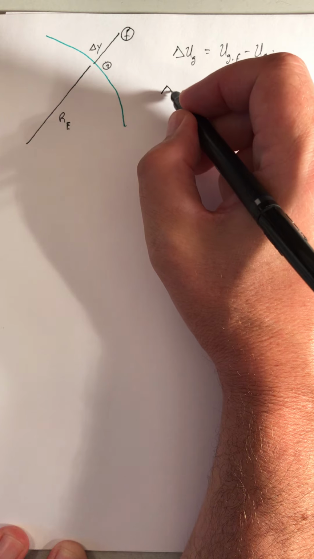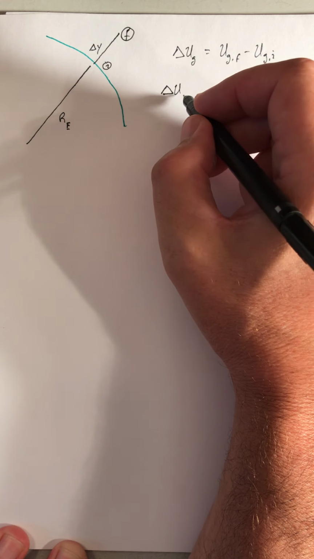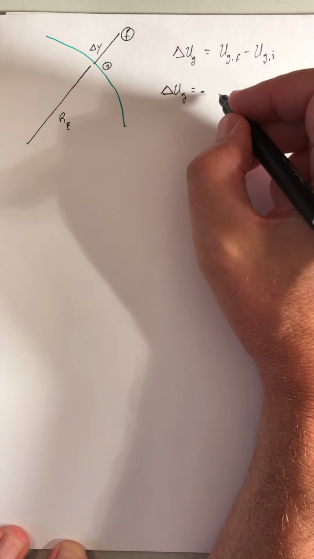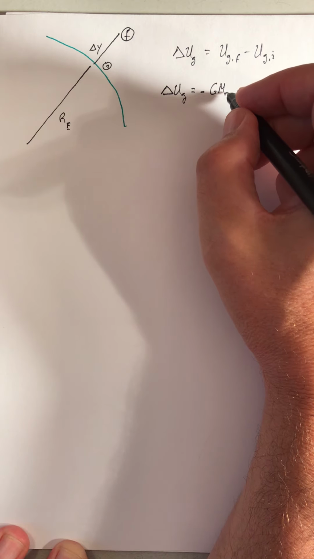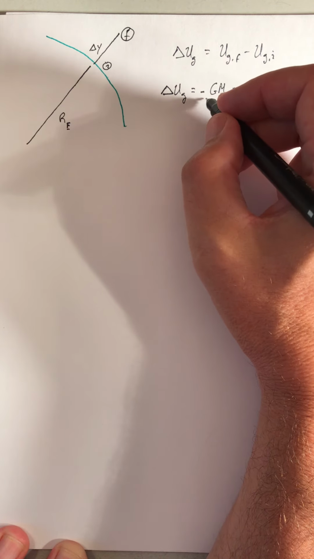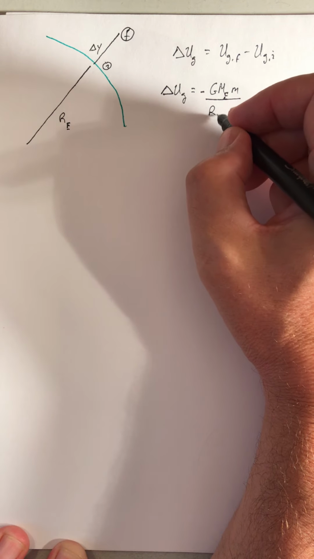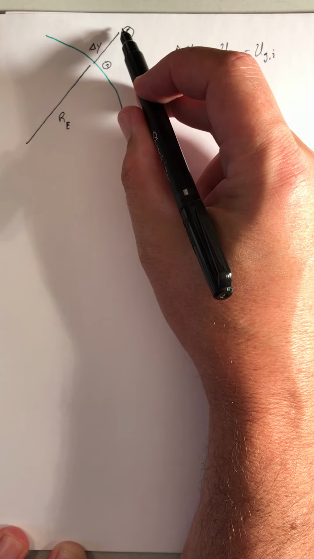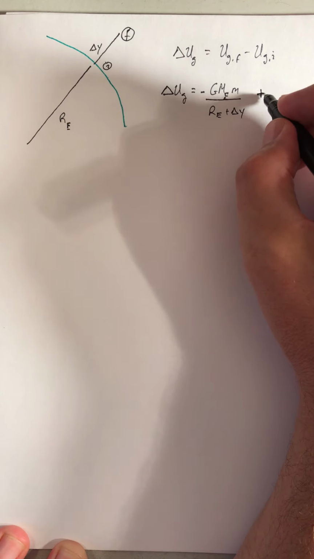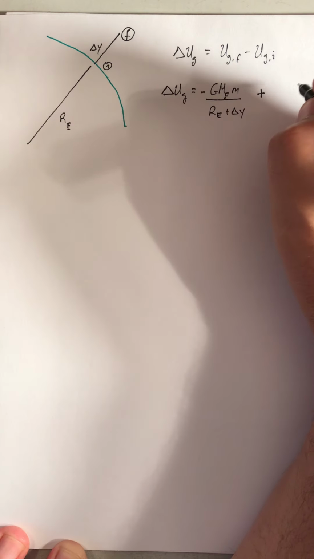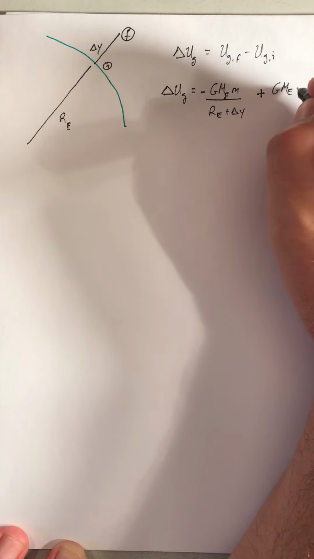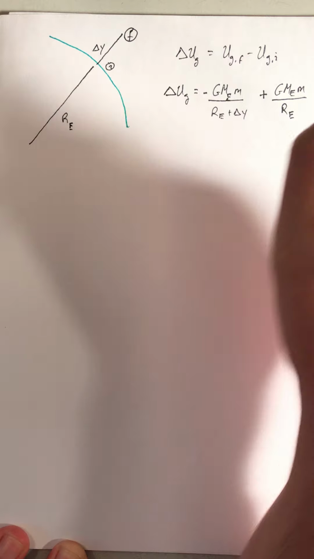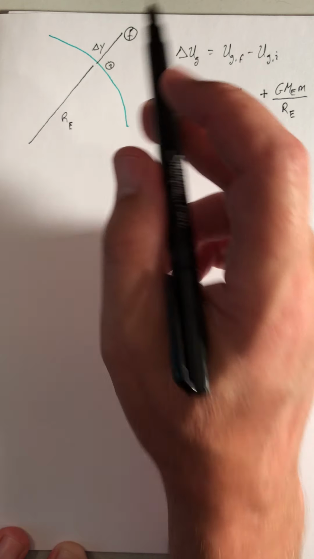Putting in our general expression for gravitational potential energy, minus G mass of the Earth, my mass, over radius of the Earth plus delta y. So when I'm up here at my final point, and then I'll have a minus minus, which is a plus, G mass of the Earth times my mass, interacting over a distance of the radius of the Earth from when I was at my initial point.